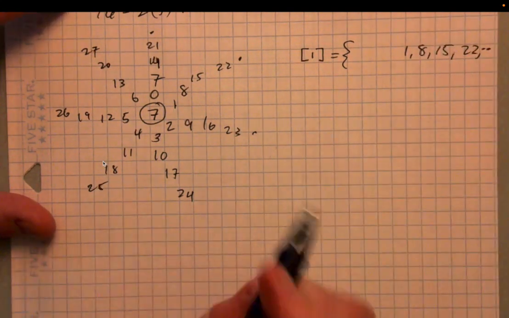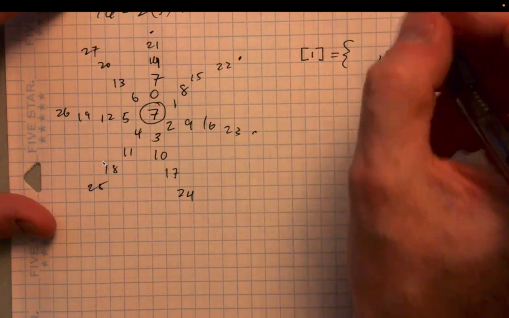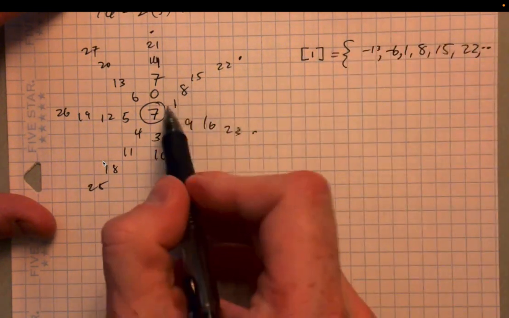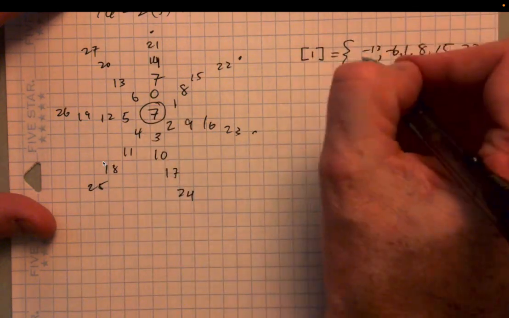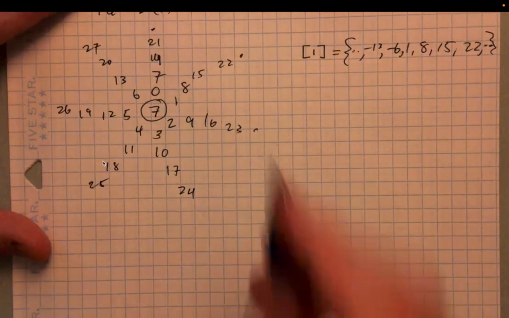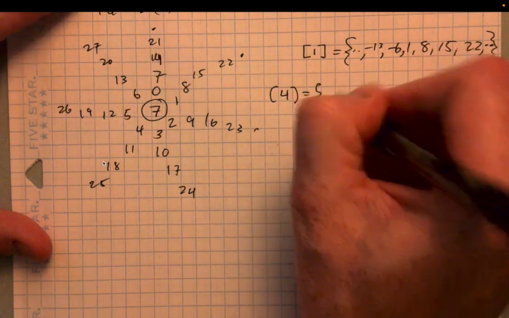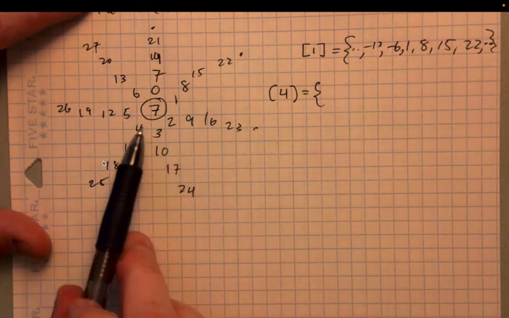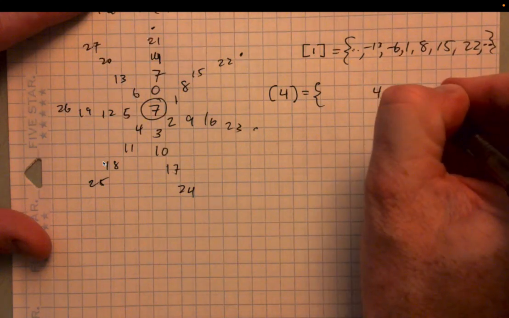Now the negative numbers would be there as well. They're not in my picture, but you can imagine if there was some way to wind this the other direction, you would have them. What about the equivalence class for the number 4? Well, you would look here: 4, 11, 18, 25. Those are the positive values.